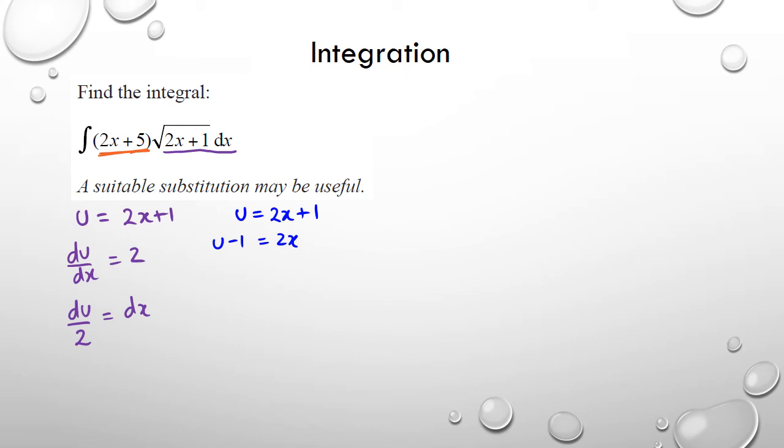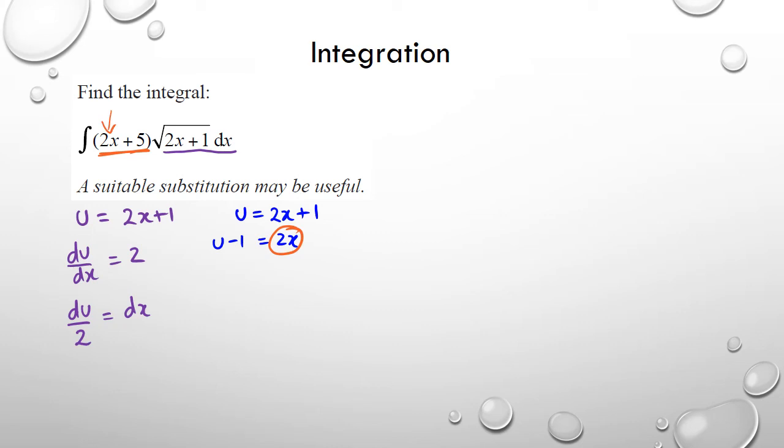So I have 2x is equal to u minus 1. What that means is, I could take this 2x and substitute it here. Let me just put an arrow. You can substitute it there.